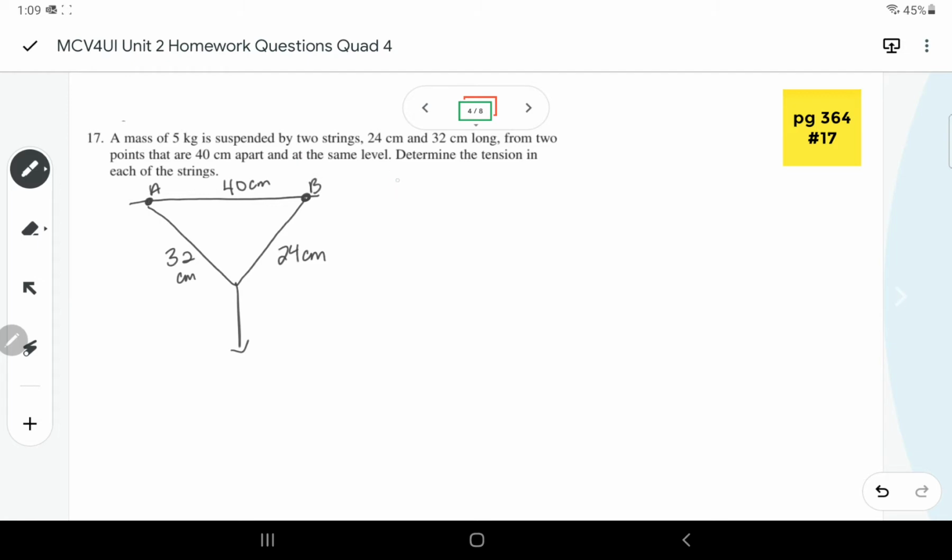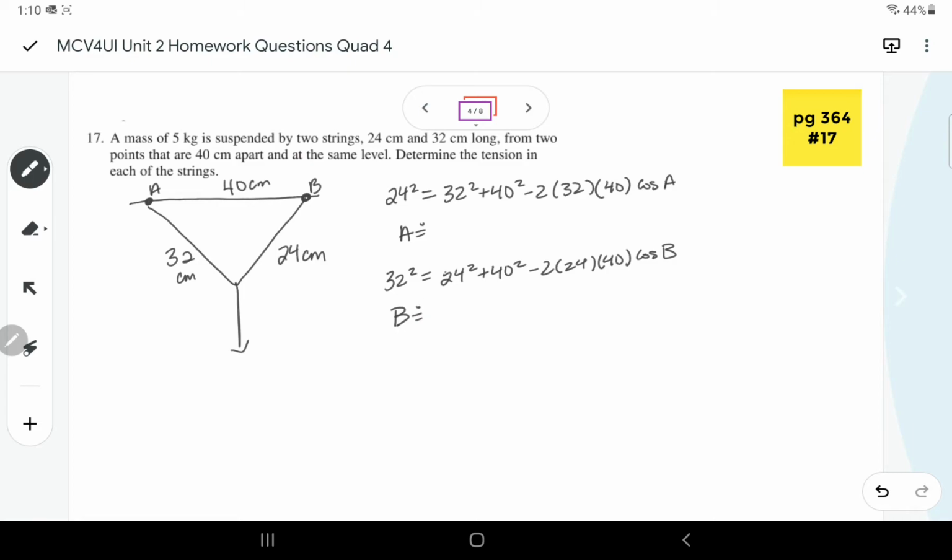We can label A and B. So I know that 24 squared equals 32 squared plus 40 squared minus 2 times 32 times 40 cos A. And similarly for angle B, 32 squared equals 24 squared plus 40 squared minus 2 times 24 times 40 cos B. Then we figure out what angle A and angle B are equal to.